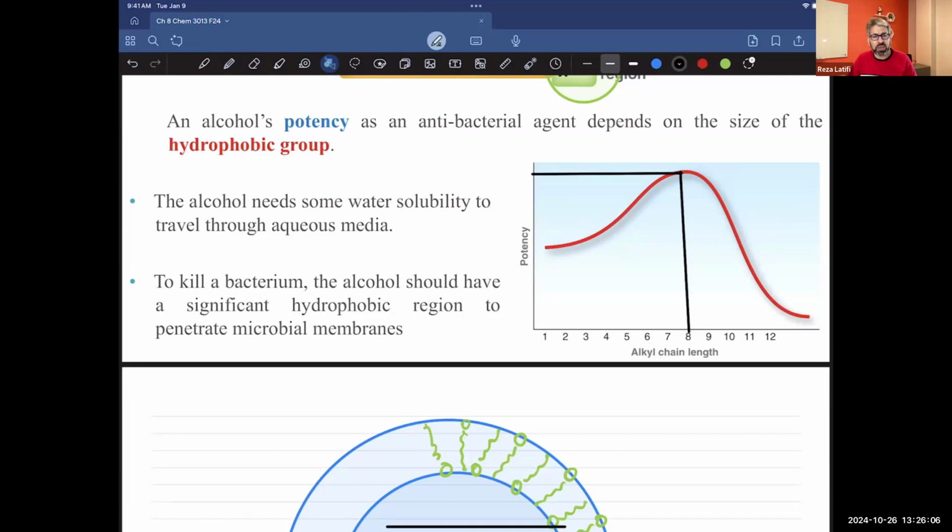In fact, if you remember correctly, during COVID we had the issue with finding alcohols. The reason is that many of these hand sanitizers are made of 80% ethanol and 20% water, or 75% isopropyl plus 25% water.